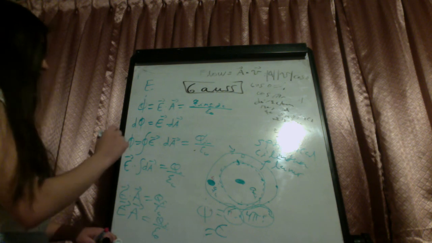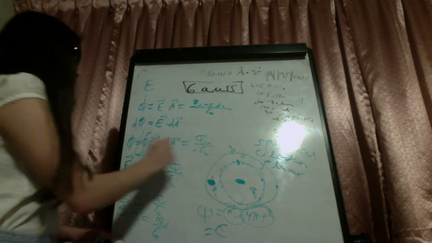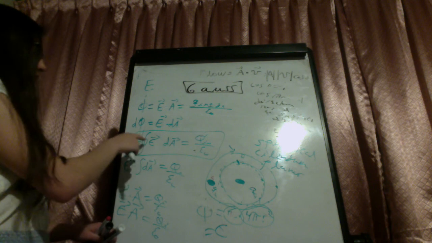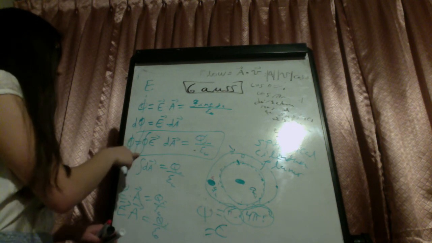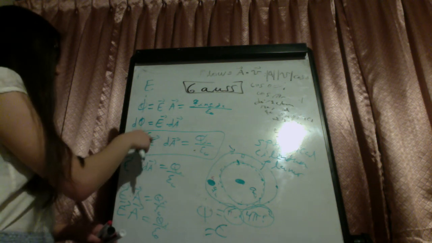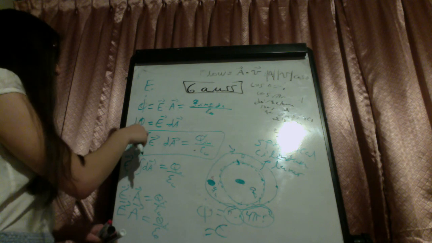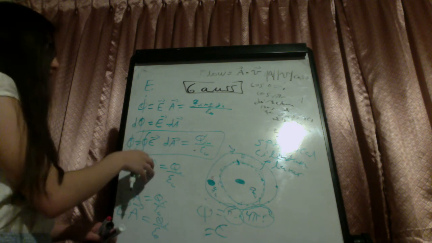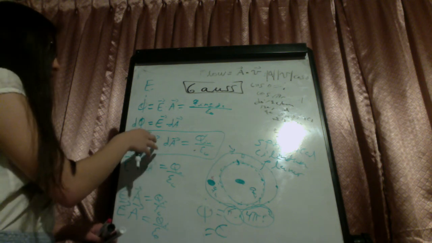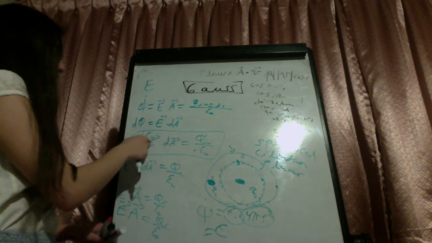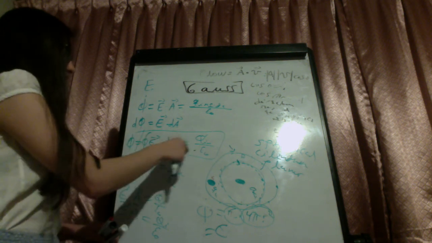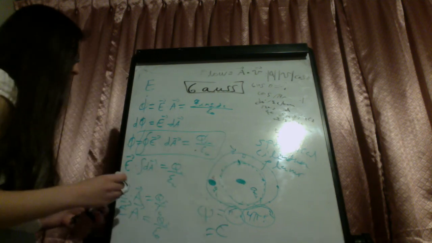But this is the form of Gauss law of electricity. The electric flux is equal to the closed surface integral of the electric field dot dA, and this is equal to the charge that is inside the surface divided by epsilon naught.